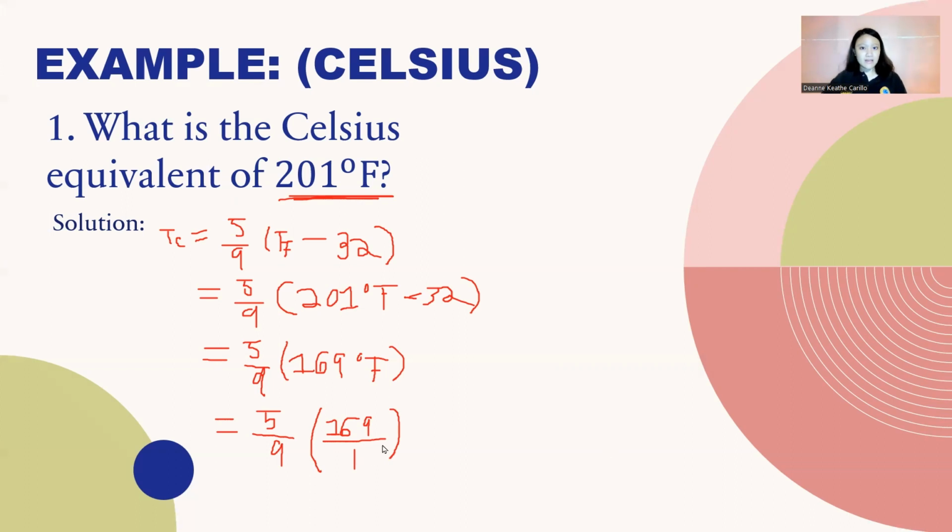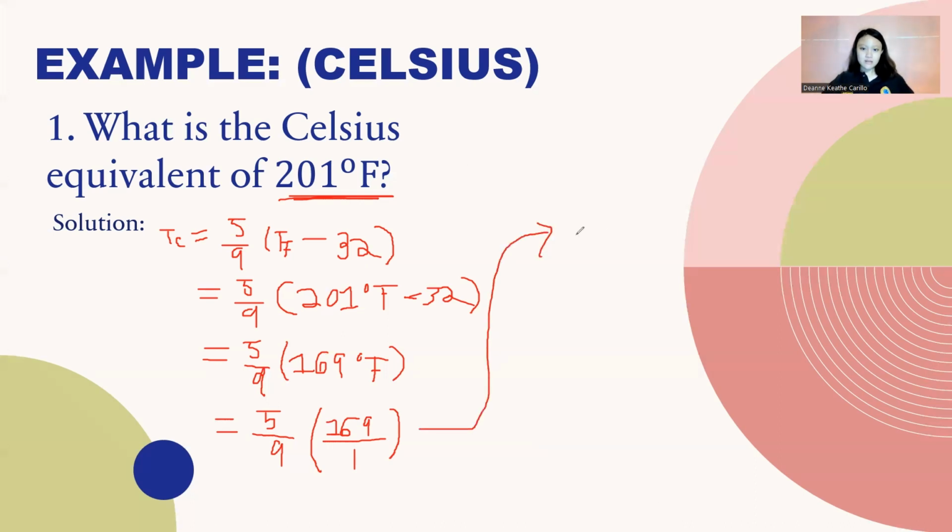It's always been like that. After we sum up temperature Fahrenheit minus 32, we should have over 1 here para malaman natin ang next step, para malaman natin ang decimal point ng equation.